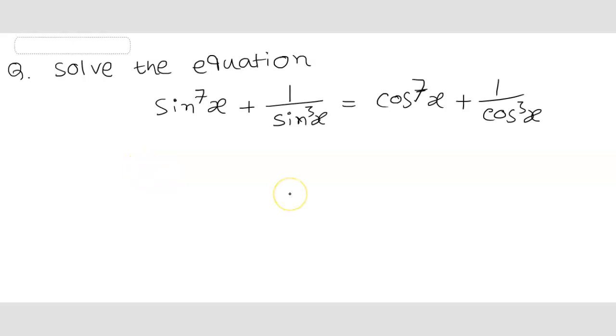Okay, let's begin to solve this equation. See, there is a sine part and there is a cos part. So let's just mix it up. So we can write it like this.